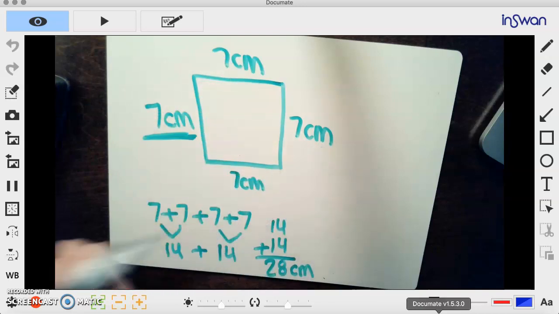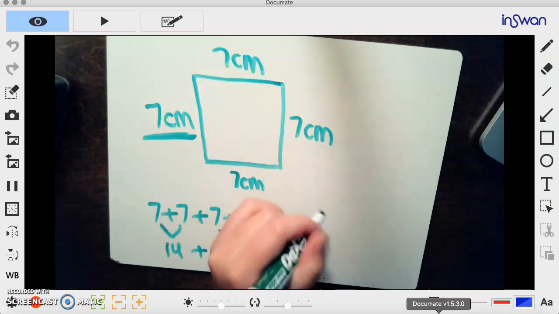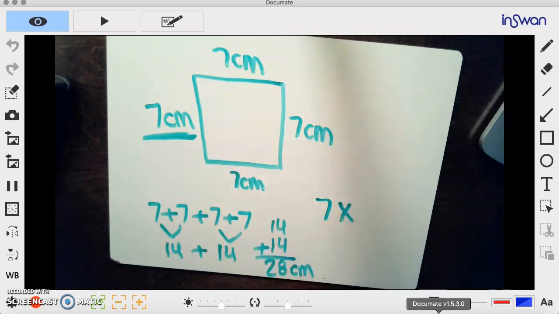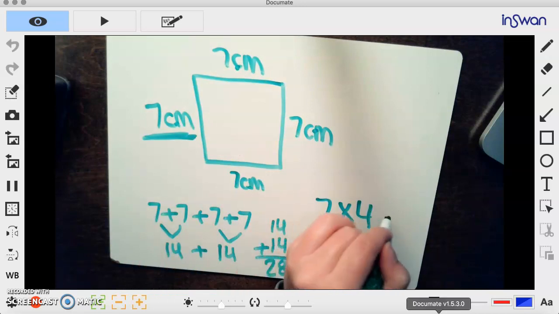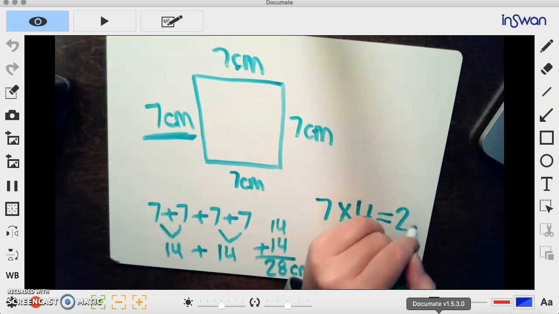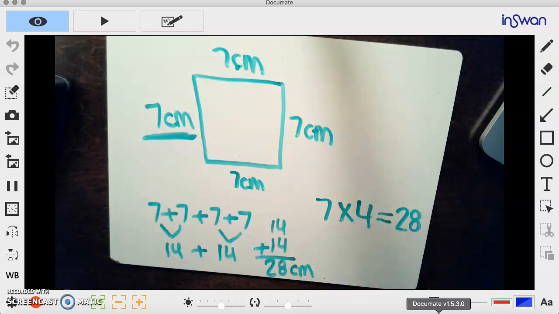I can also say one of my sides is 7 centimeters. Because all the sides are the same length, I have my 7 centimeters multiplied by how many sides we have. 1, 2, 3, 4. 4 times 7, and that gives you 28.